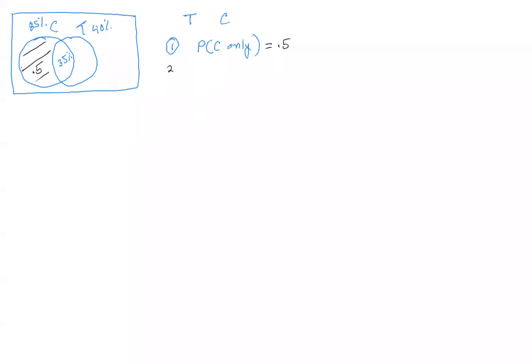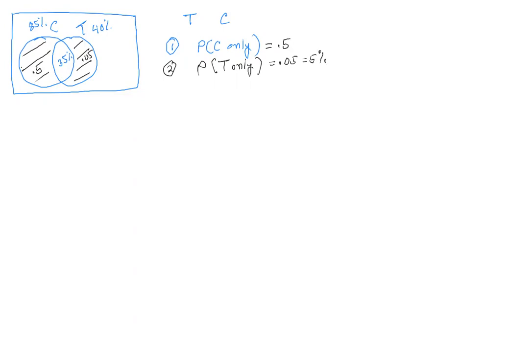Number 2, probability that somebody drinks tea only. Again, that would be this portion. So 40% minus 35% is 5% or 0.05, which is 5%. Let me clarify something here. Students sometimes make a mistake.